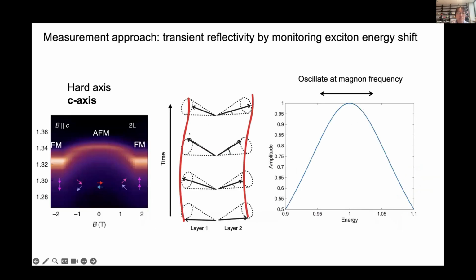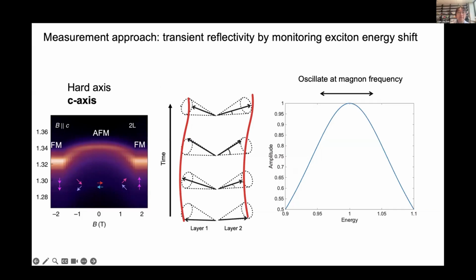And as I already alluded to in earlier slides, when we have spin precession, particularly in chromium sulfur bromide, because of the spin-exciton coupling, what we expect is the exciton energy at each of these time points will change over time. And being able to measure this is actually quite simple if we use time-resolved optical measurement.